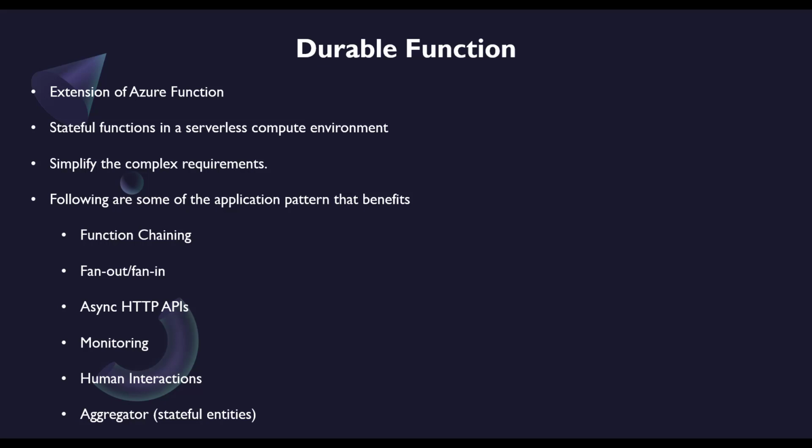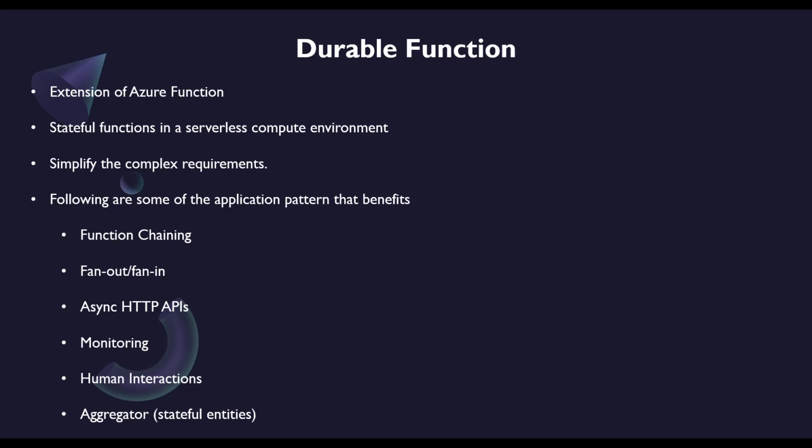I have prepared a demo for each of these patterns using PnPCore SDK. One more thing I would like to highlight is orchestration. Why are we using orchestration? Orchestration is where you can orchestrate your business workflow: how you are going to execute the functions and which application pattern you are going to use.